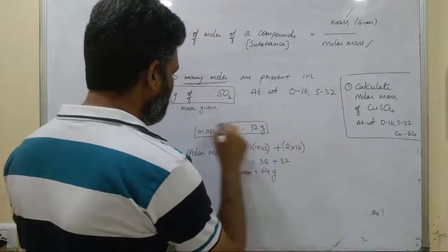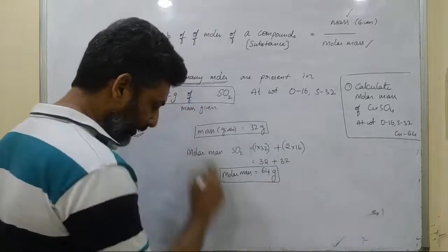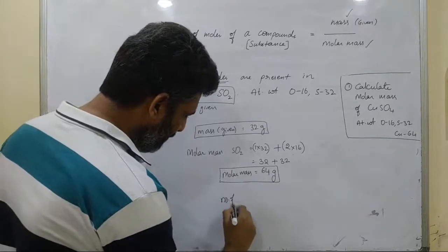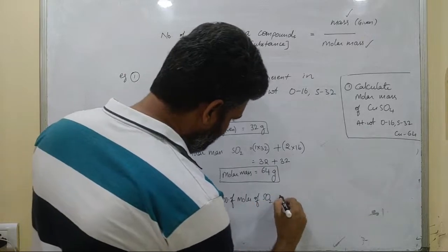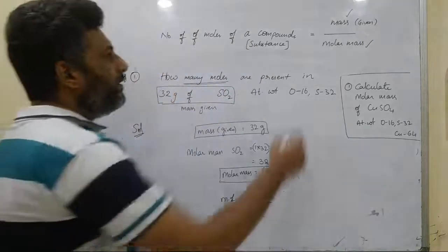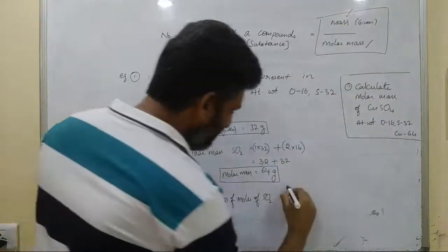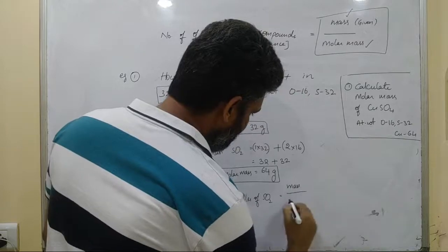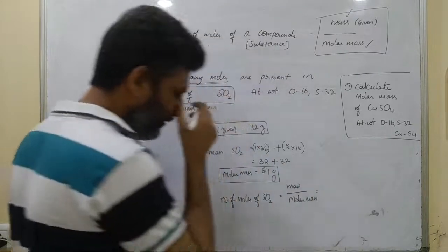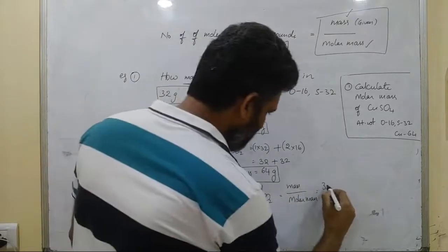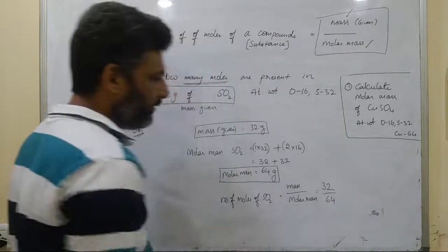Mass is given in the question and we have done the molar mass. Now number of moles of sulfur dioxide is equal to, so this is the formula we are going to use. Number of moles equals mass by molar mass, which equals mass is 32 grams divided by molar mass is 64.